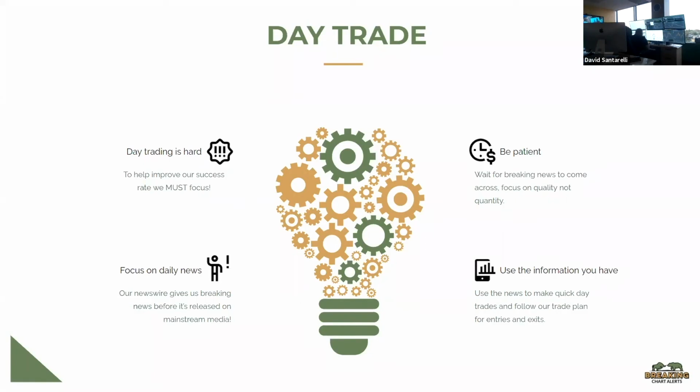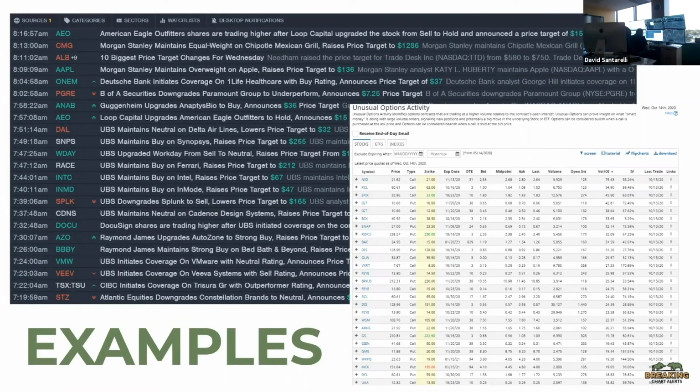So day trading is harder than swing trading, and you must be focused, and you must follow the trade plan for day trades. And for day trading, I want you to focus on the daily news. Our news wire is giving us breaking news before it's released to the mainstream media. As a trader, we want to get that news before it's on the mainstream media, because guess what? If we hear breaking news that a Boeing 737 just crashed, and we hear it here before it's on the news, we buy those Boeing puts, we're profiting.